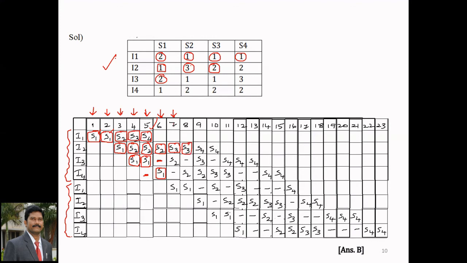At clock cycle 7, S2 is free, so I3 enters here. Because S2 is busy, there is a stall here; I4 will not enter S2. And here S1 is free, so the next iteration starts and I1 enters.